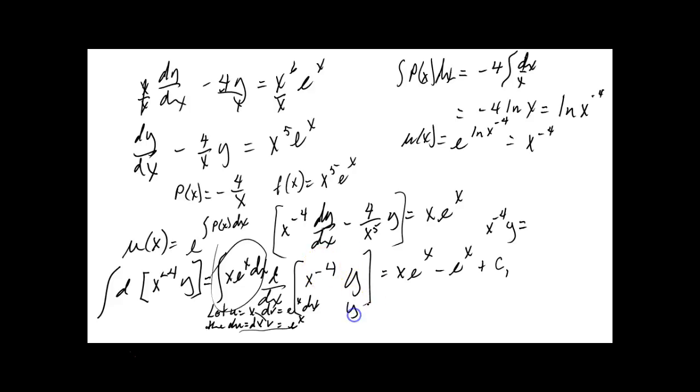So y is equal to, that would be x to the 5th e to the x, minus x to the 4th e to the x, plus C1 x to the fourth.